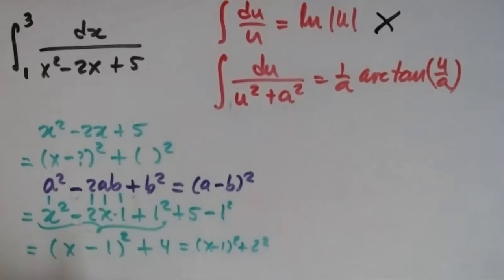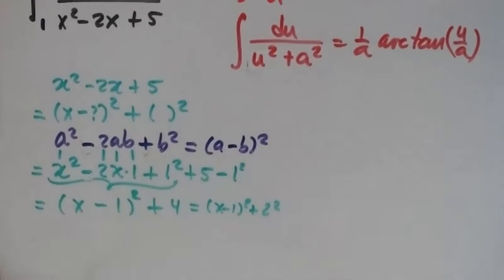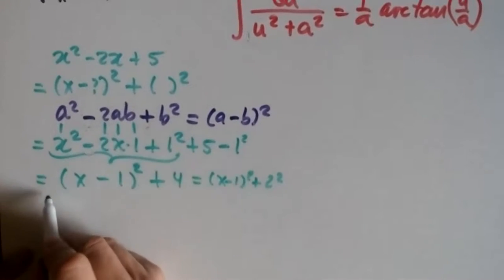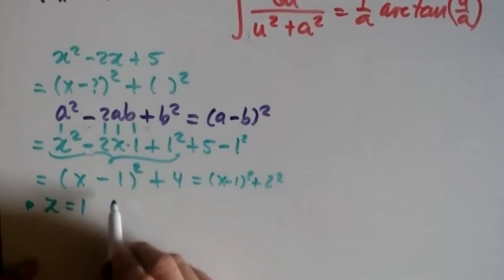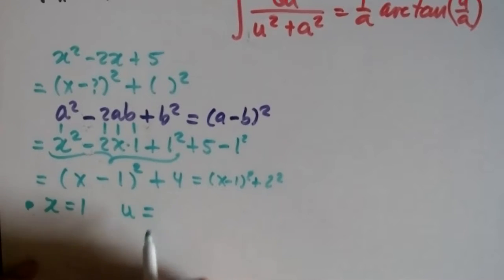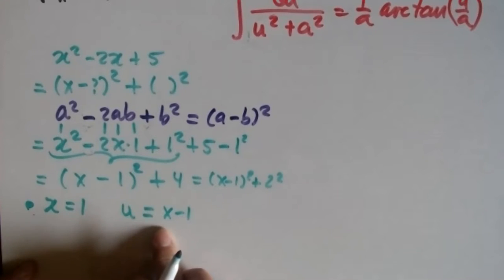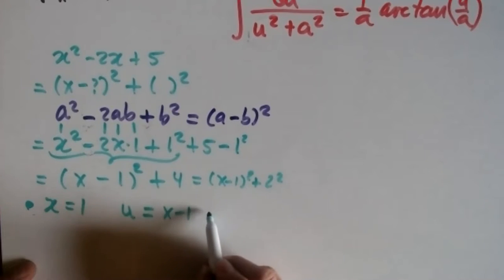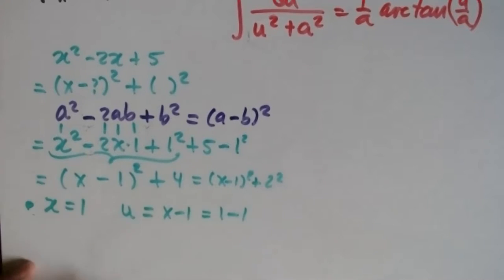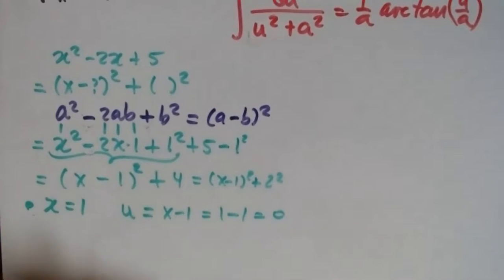But I have to do something else, the limits of integration. So, okay, I'm going to do the change. When the x is 1, u equals x minus 1. That's going to be my change, correct? So u is going to be 1 minus 1, because the x is 1, you put a 1 here, 1 minus 1, it's a 0.